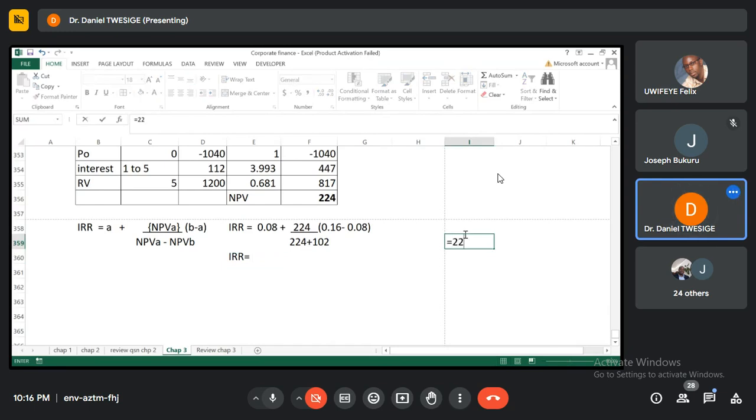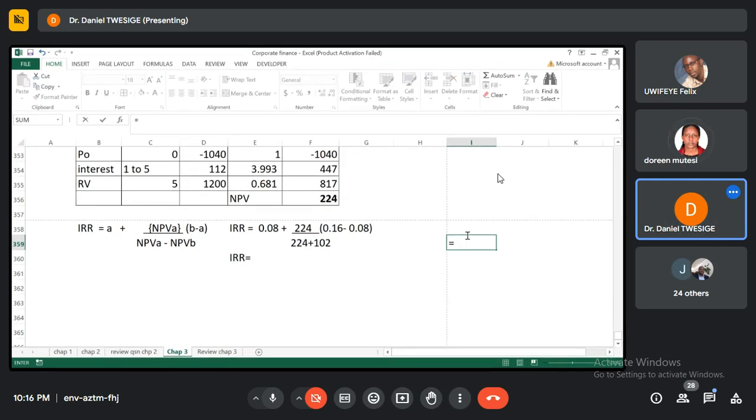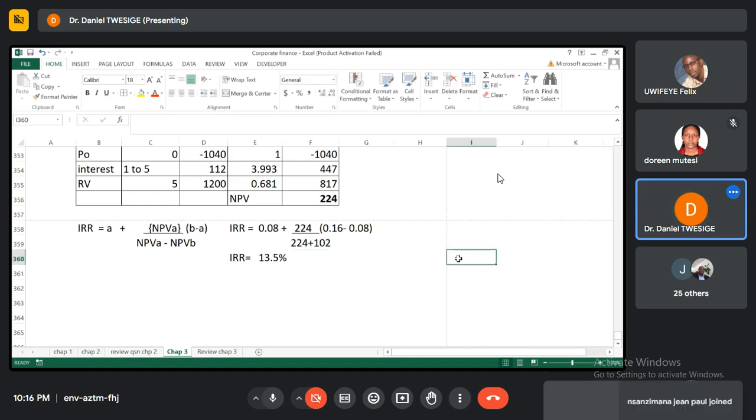You got 13.5%. So that is the cost of resource that we are talking about here.